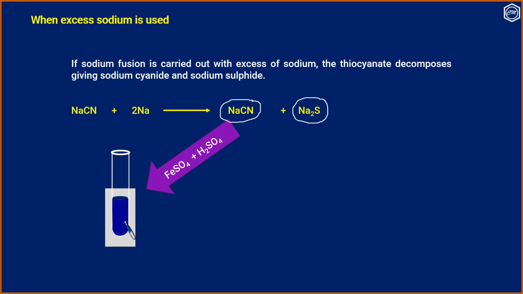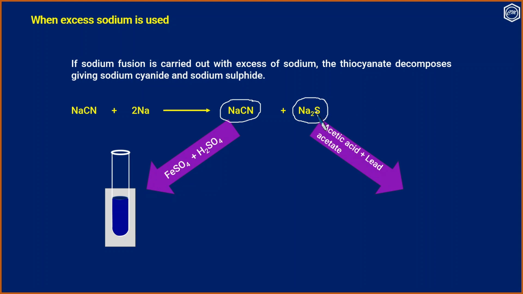You may not get the Prussian blue color at first. This is because when ferrous sulfate is added, ferrous sulfide precipitates, which is black in color. If you boil the solution and acidify with dilute sulfuric acid, the ferrous sulfide dissolves and the Prussian blue color appears.